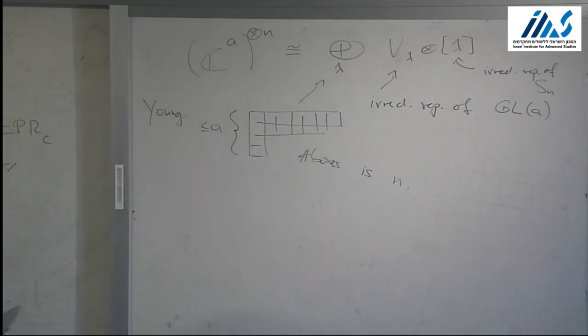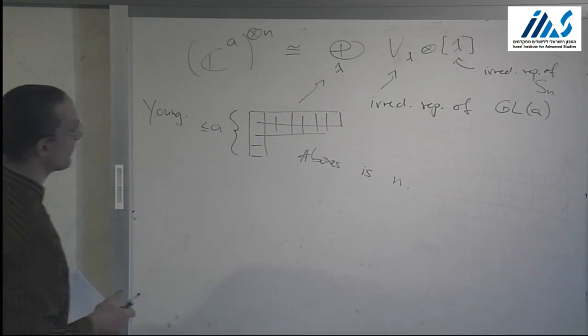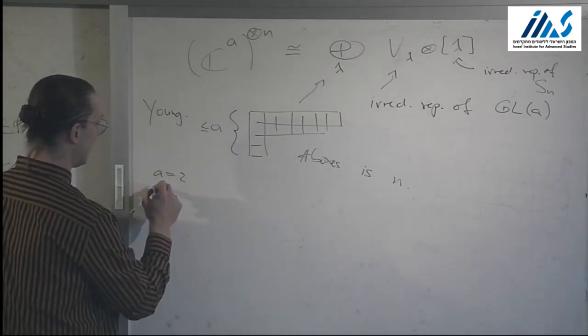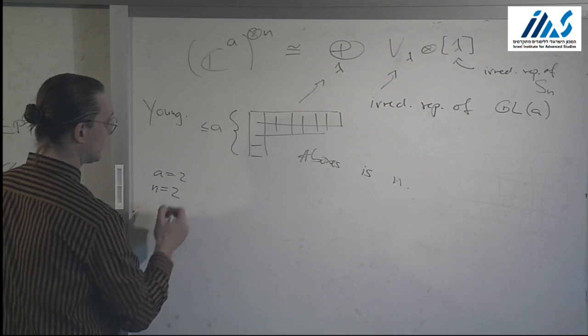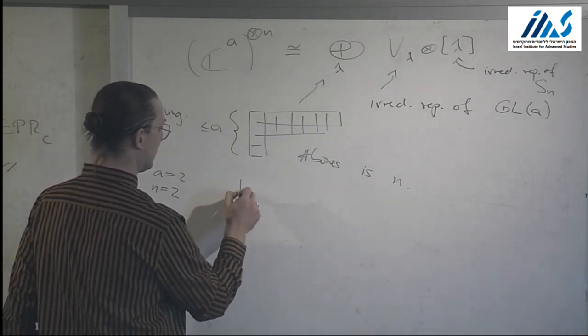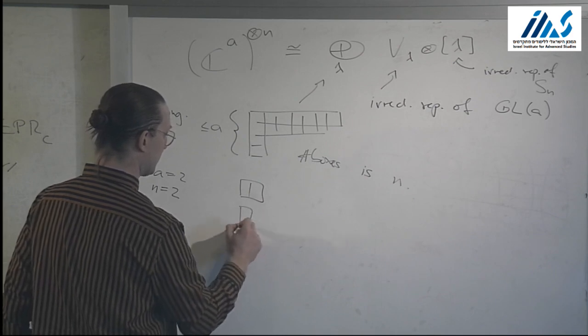Then, what I want to tell you about it. For instance, if you take now A equal 2 and you take n equal 2, there are two possible diagrams, this one and this one.